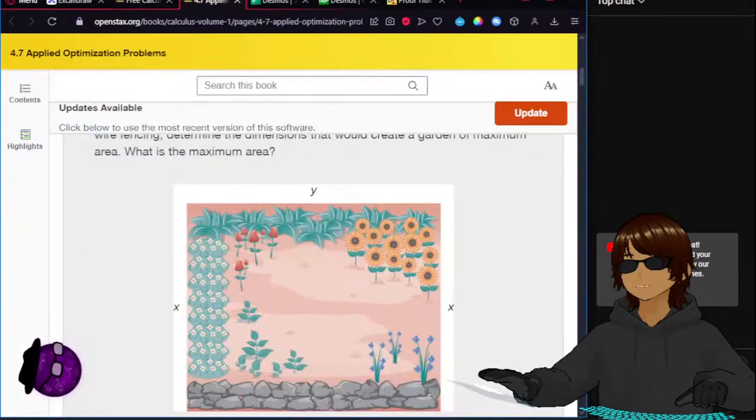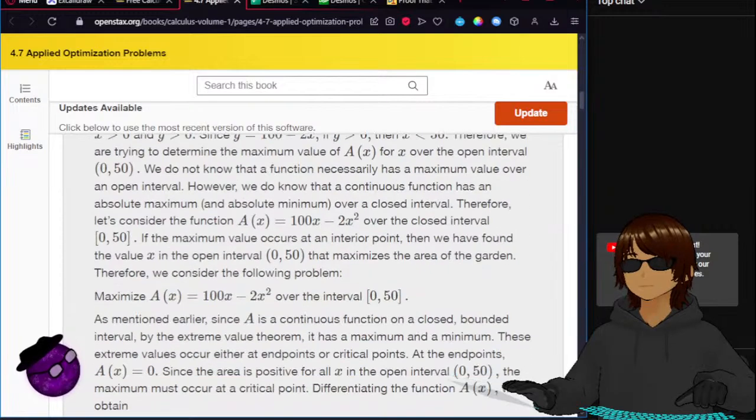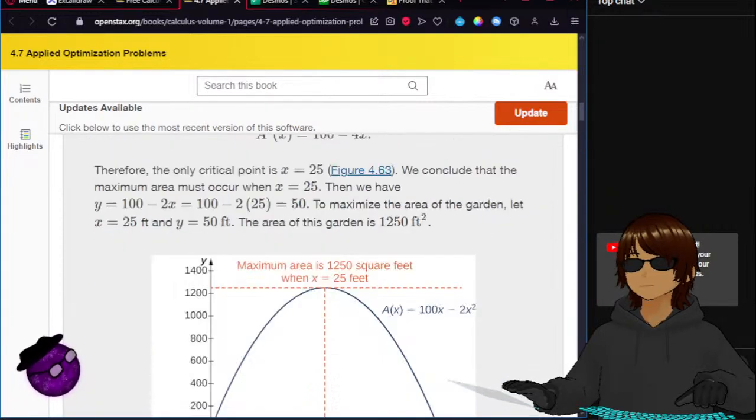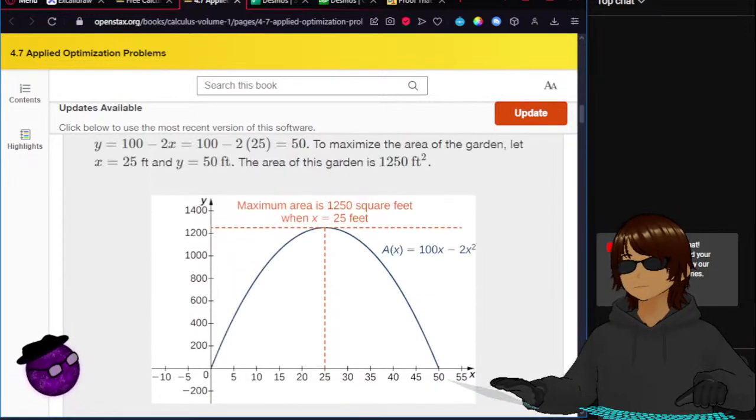X better be 25. Maximum area when 25. Okay.